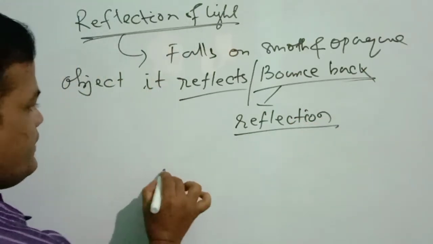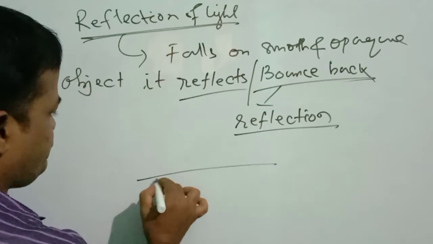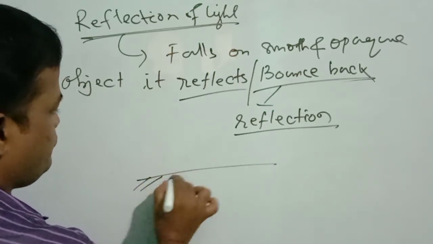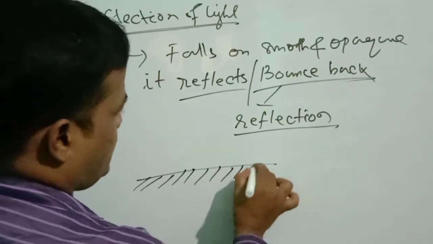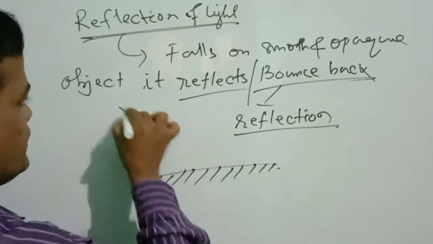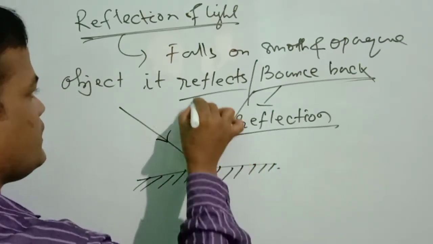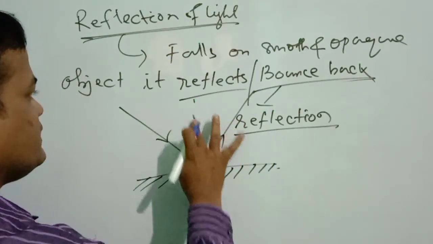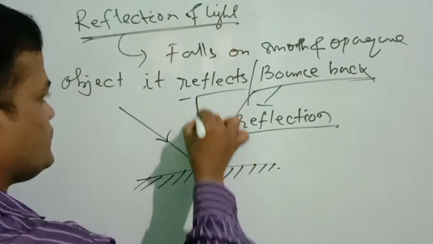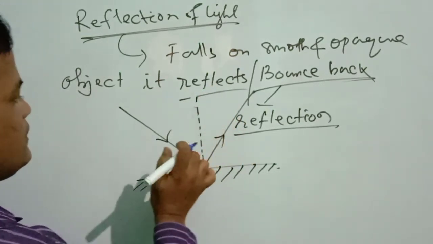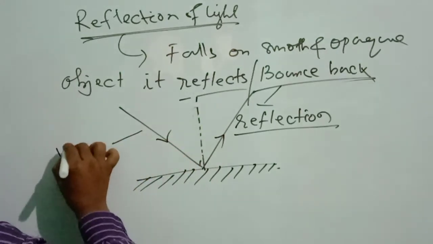Suppose light rays fall on a mirror, they reflect back. This is the normal. This is called the incident ray.